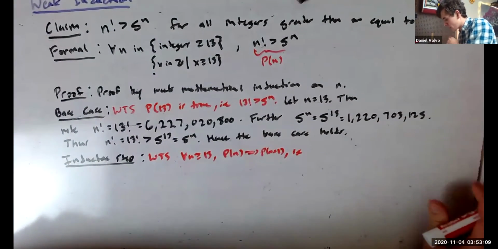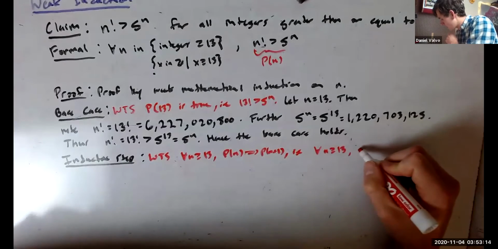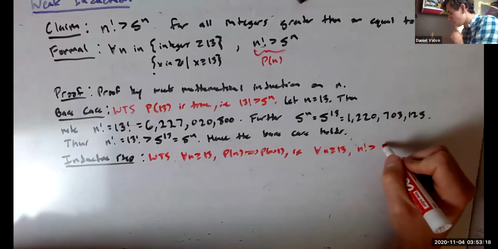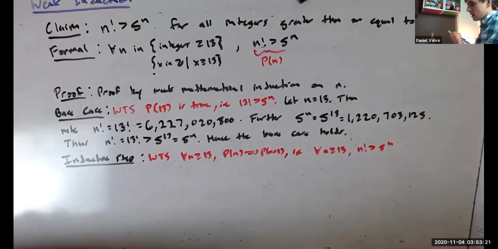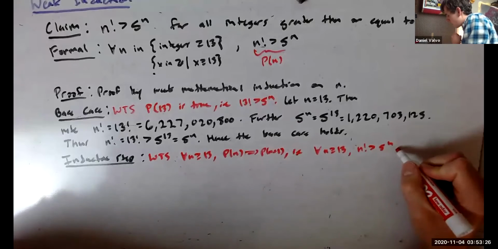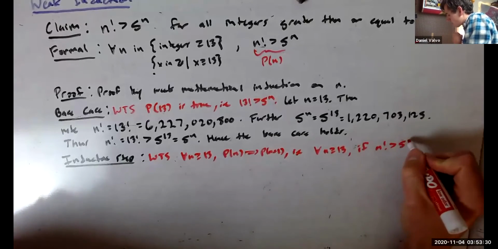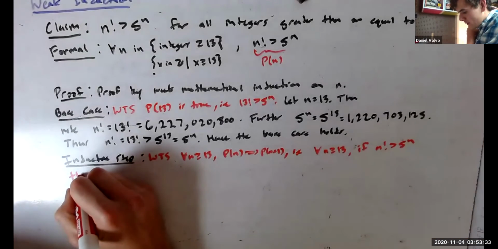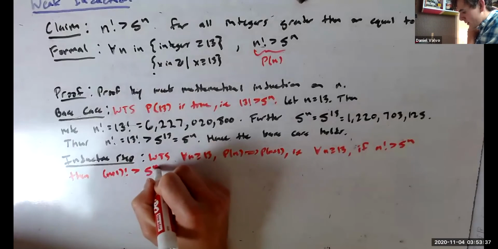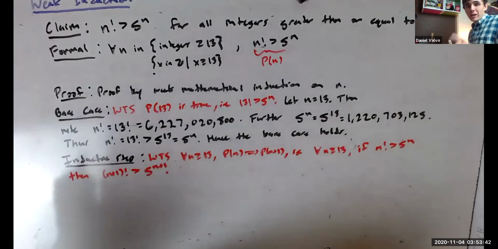So in our particular example, we want to show that for all n greater than or equal to 13, if n factorial is greater than or equal to 5 to the n, then n plus 1 factorial is greater than or equal to 5 to the n plus 1. So that's what we're trying to show.